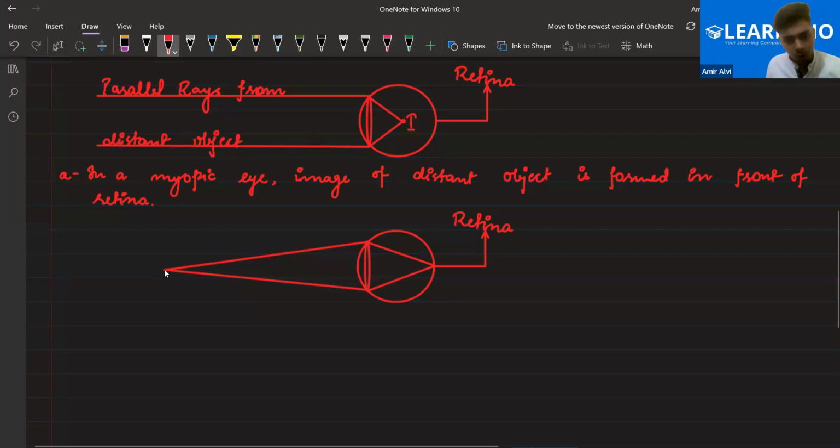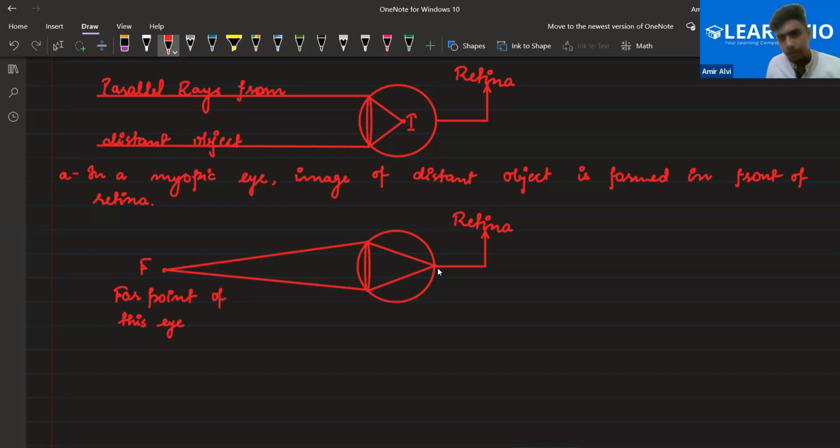So this point will be called the far point of the myopic eye. Clear, Shazil? Yes, sir.